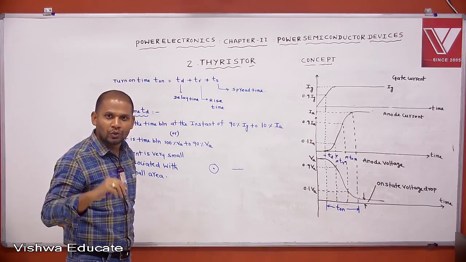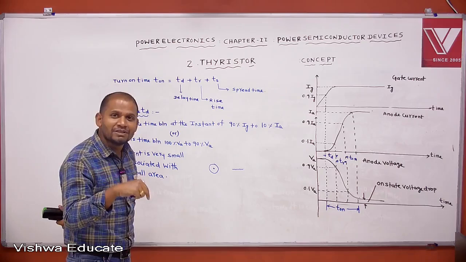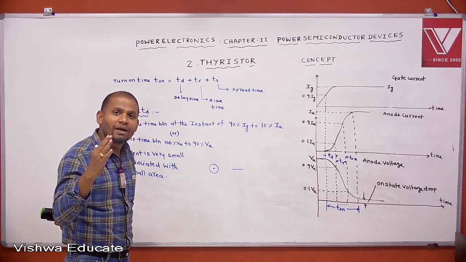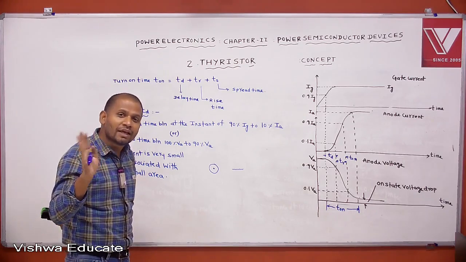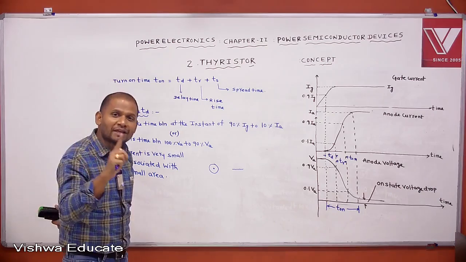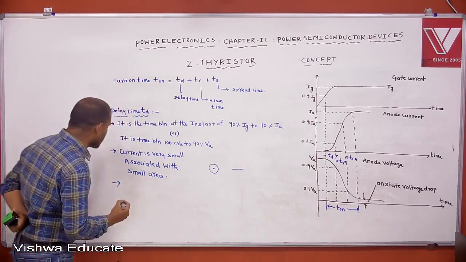During delay time, the current is very small because the thyristor has not started conduction. That's the reason why by controlling gate current, only delay time is controlled.